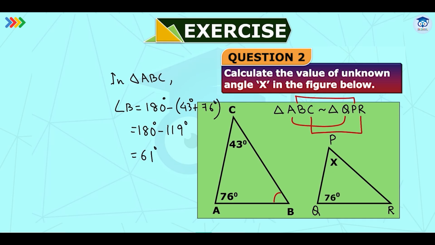So that is nothing but angle P, the value of x. So the value of x is angle P, which is 61 degrees. Like this, we can apply the similarity of triangles to find the unknown angle, as well as the side, as we have learned in the previous slide.